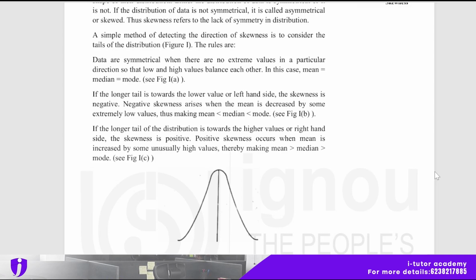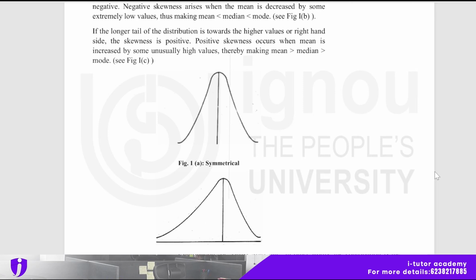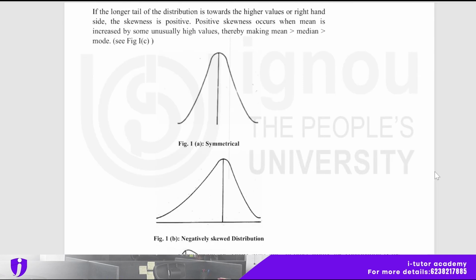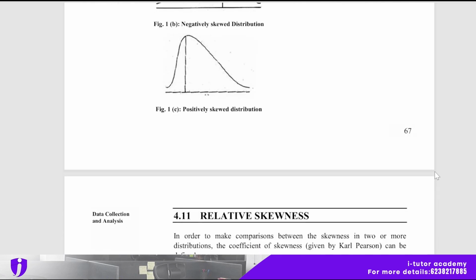Negative skewness arises when the mean is decreased by some extremely low values, thus making mean less than median less than mode. This is how a negatively skewed distribution is represented. Refer to these figures in your MMPC005 material.